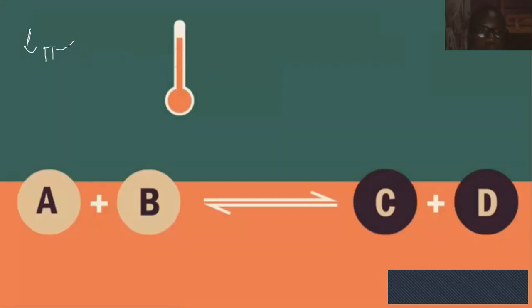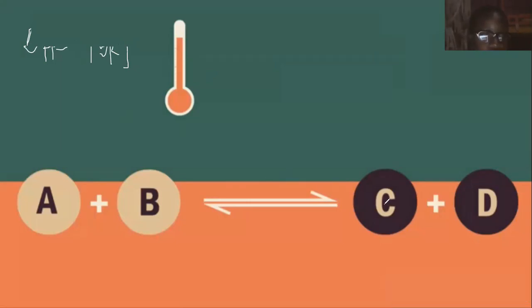If this enthalpy is minus 75 kilojoule, this means that the forward reaction is exothermic, right? The forward reaction is exothermic. That's actually what it means. And that means that the backward reaction is endothermic, isn't it?